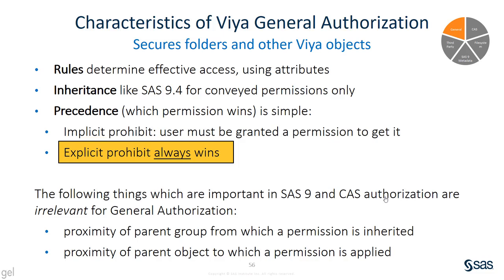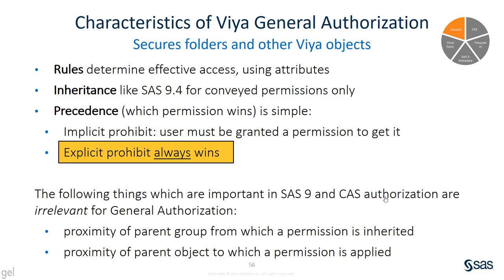It has inheritance like we had in SAS 9.4. So a folder's content inherits the permissions from the folder. So we have that same type of inheritance we had in SAS 9.4. And in terms of precedence, precedence is which permission wins if there's a permission conflict. It's a bit different from SAS 9.4.